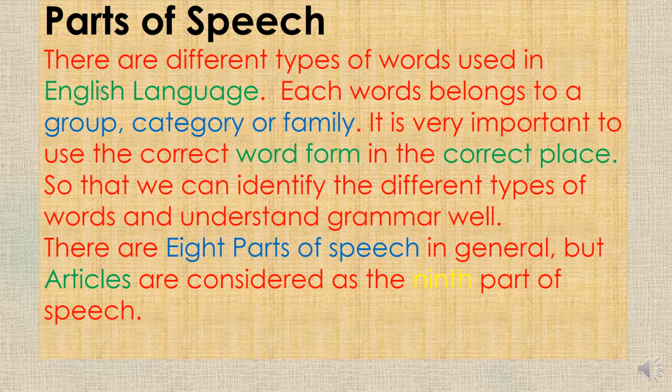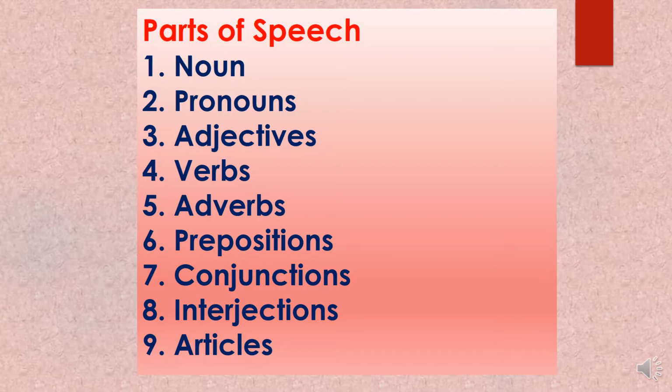Earlier we used to say that generally there are 8 parts of speech, but now articles are also included. So let's see what are these 8 or 9 parts of speech. First, noun. Second, pronouns.